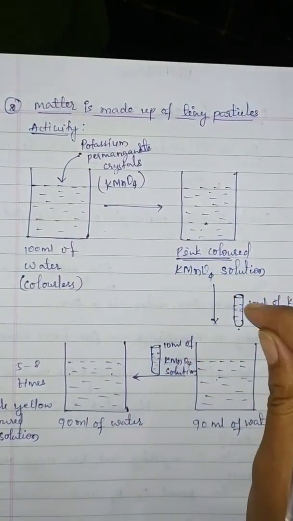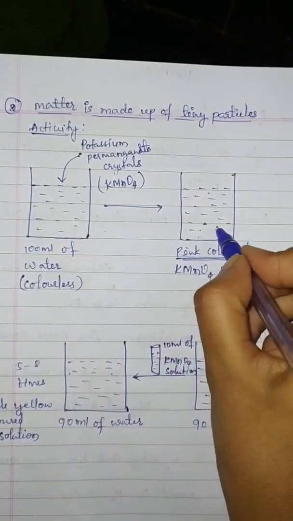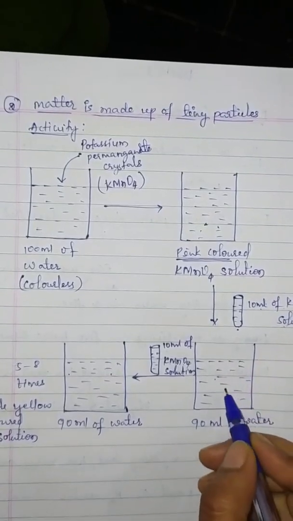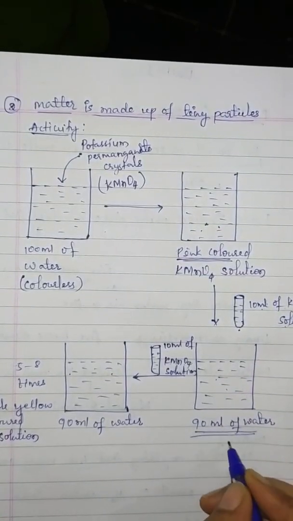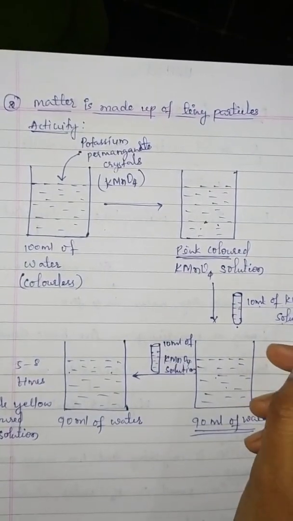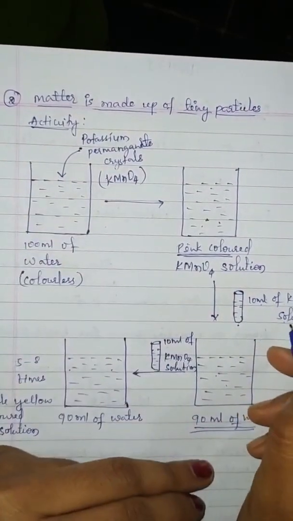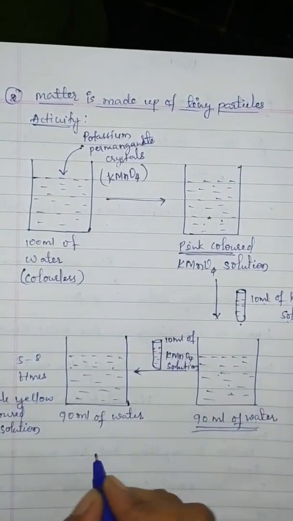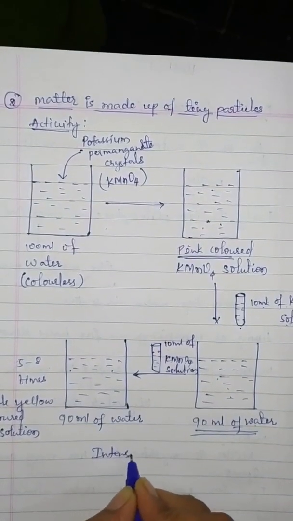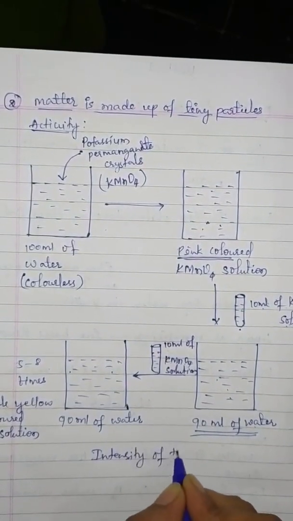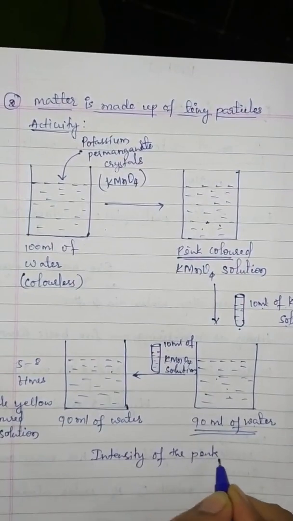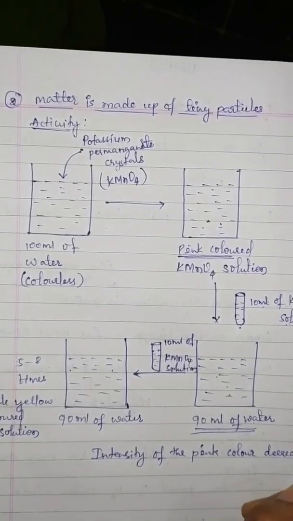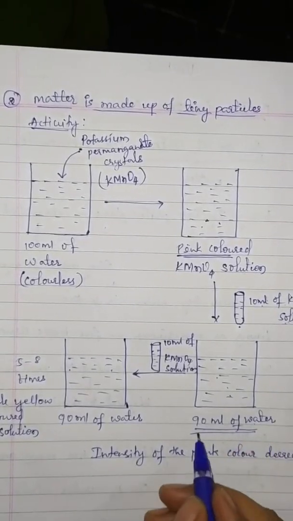Okay, when I take 10 ml of KMnO4 solution from this beaker and pour this 10 ml of KMnO4 solution into another beaker containing 90 ml of water, the intensity of the pink color decreases. Okay, intensity of the pink color decreases.